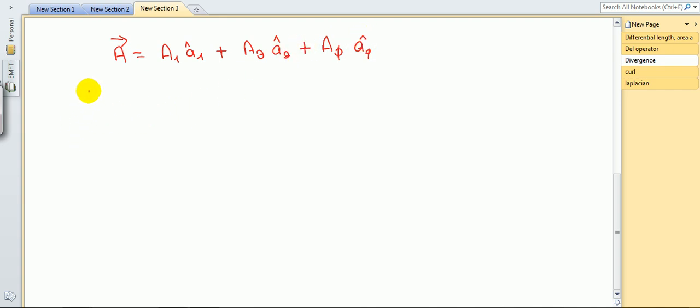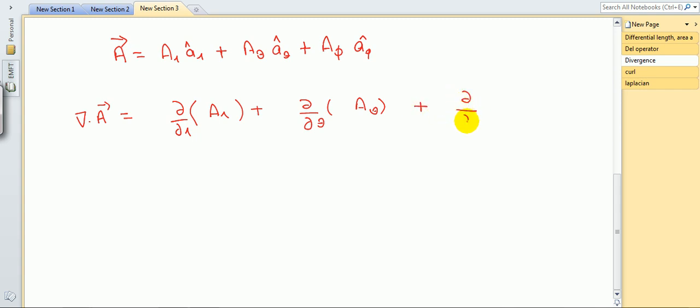The divergence of a vector will be given by del by del r of ar, with one additional term, plus del by del theta of a theta, with one additional term, plus del by del phi of a phi.